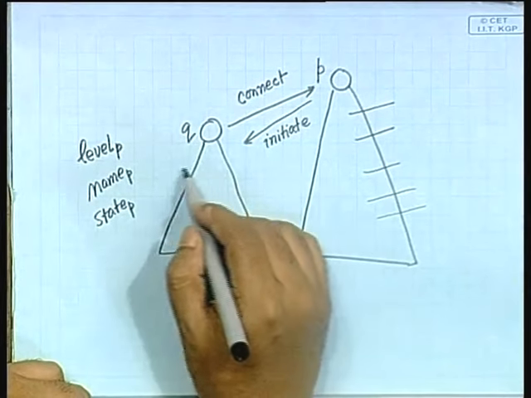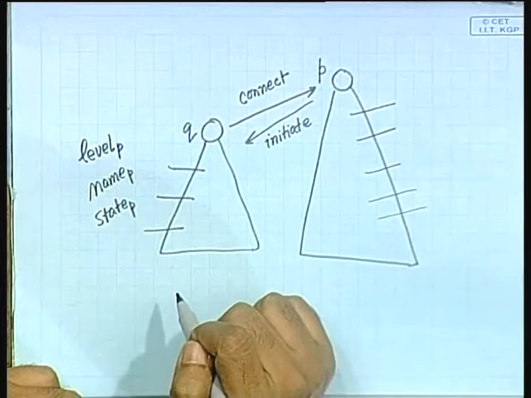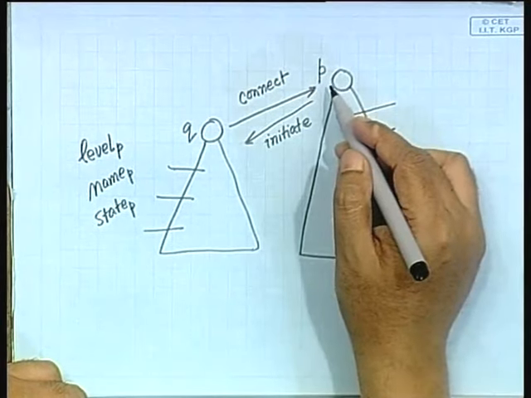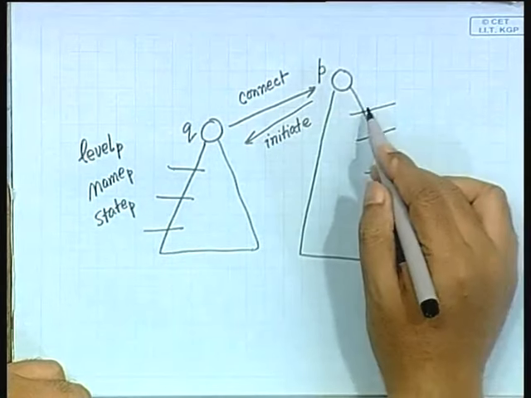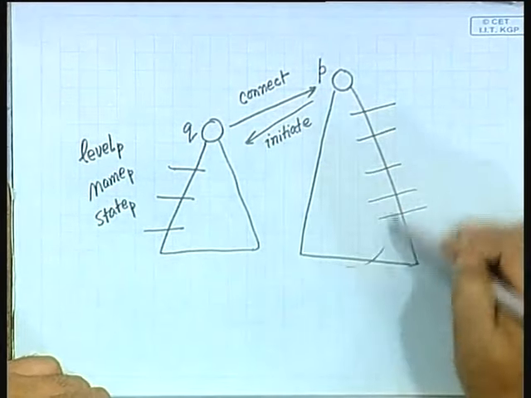They will also start looking for minimum weight outgoing edges, because now this is an integrated fragment. This fragment should find out the minimum weight outgoing edge of the whole fragment, not only this part.